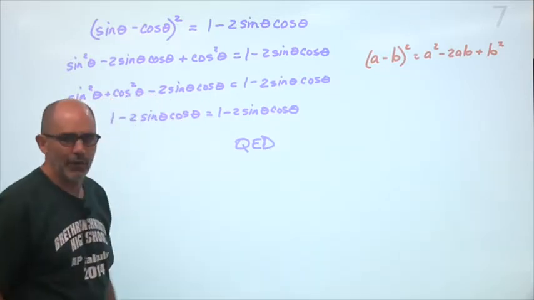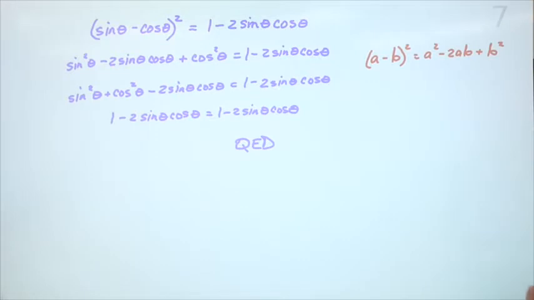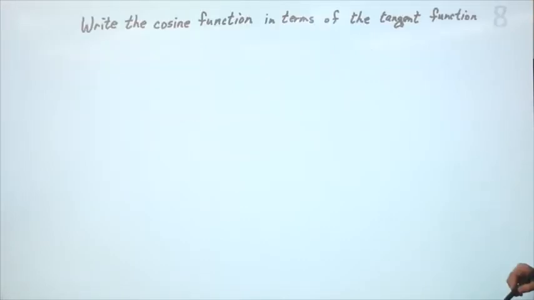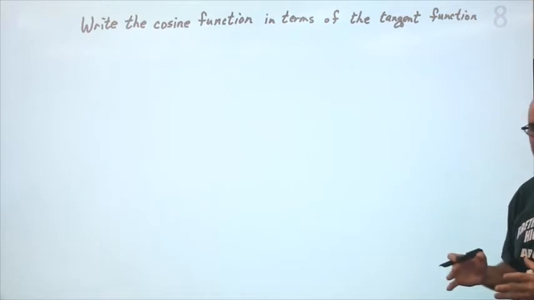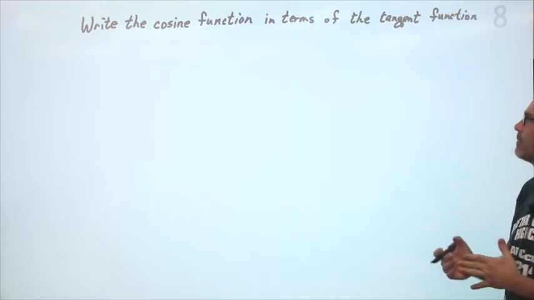Our job is done here. Okay, so basically what we've just had here are some examples of using trig identities to verify other identities.